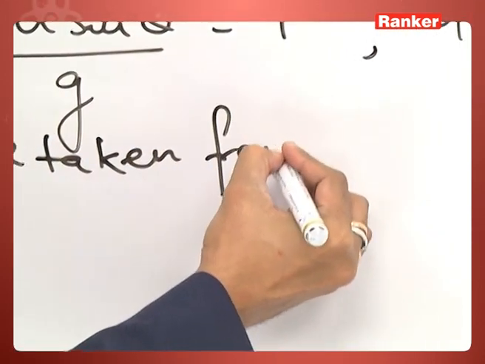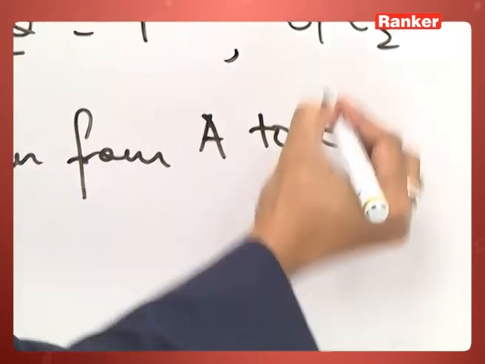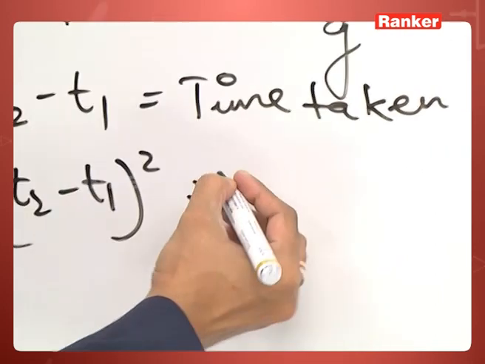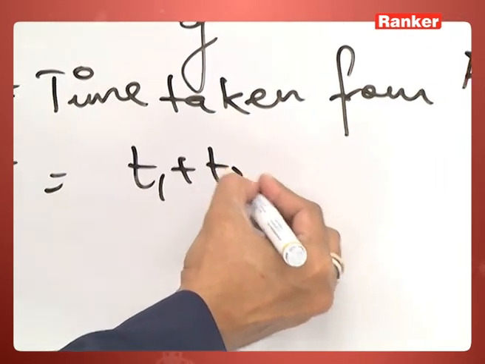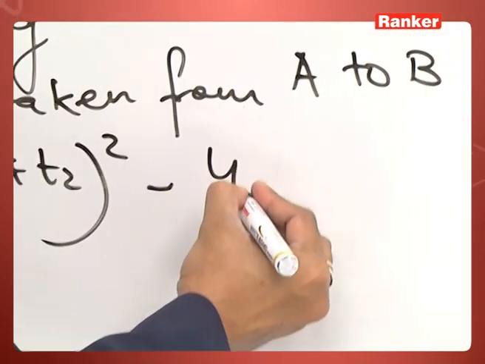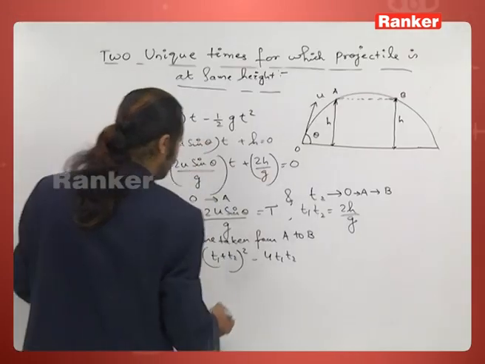from A to B. So I can write T2 minus T1 whole square is equal to T1 plus T2 whole square minus 4 T1 T2.